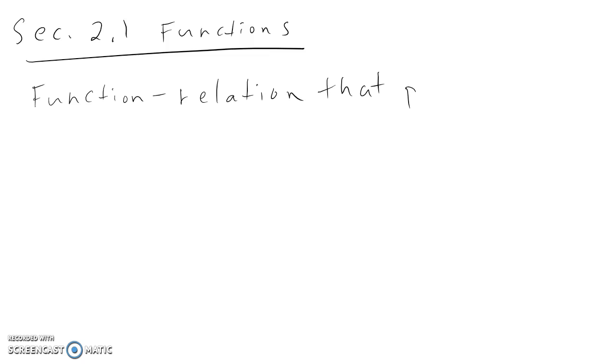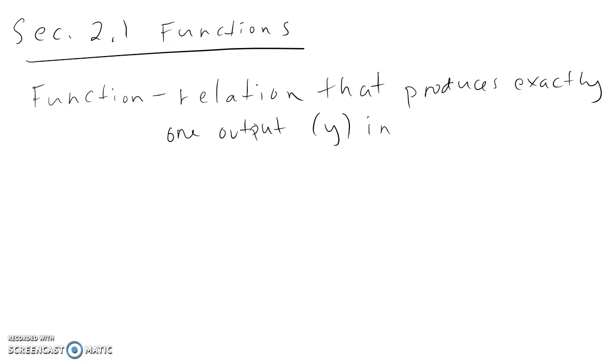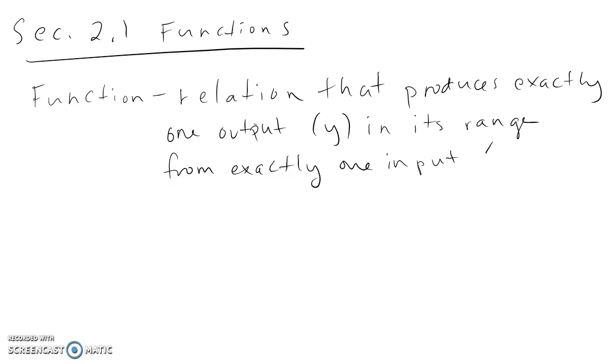That produces exactly one output, which usually we call y, in its range, from exactly one input, which we would call an x in its domain.